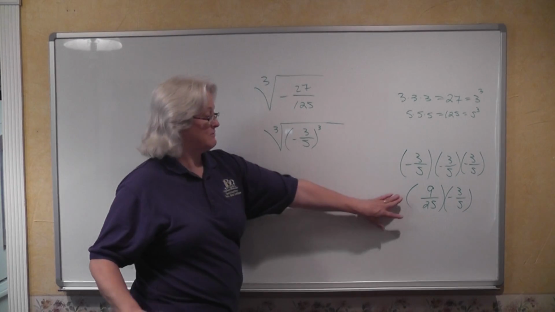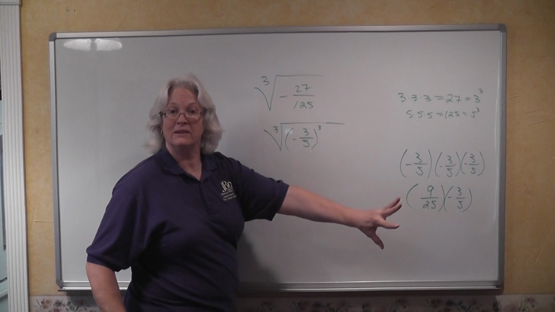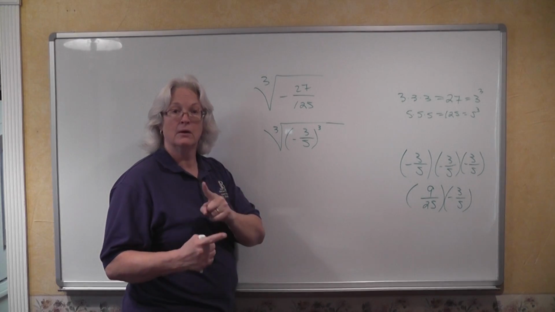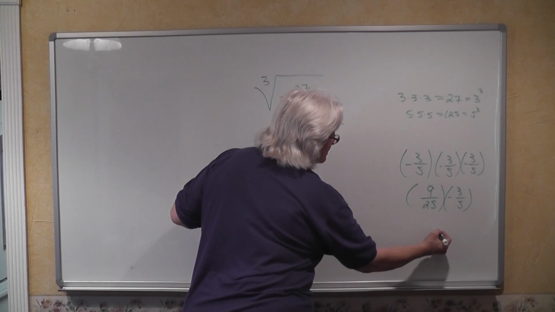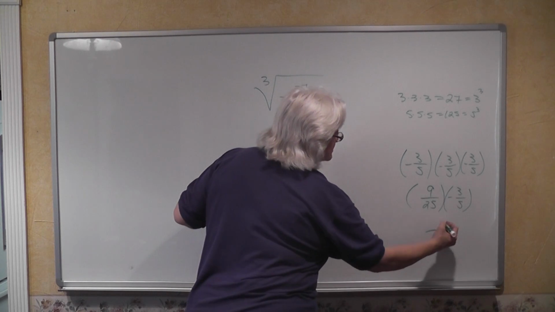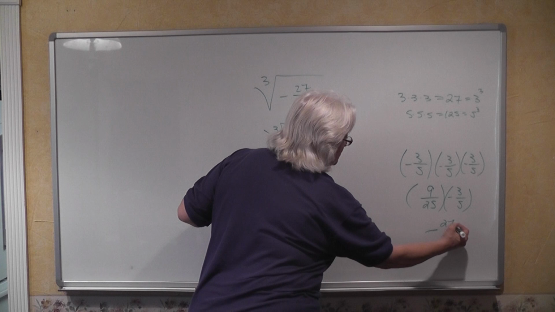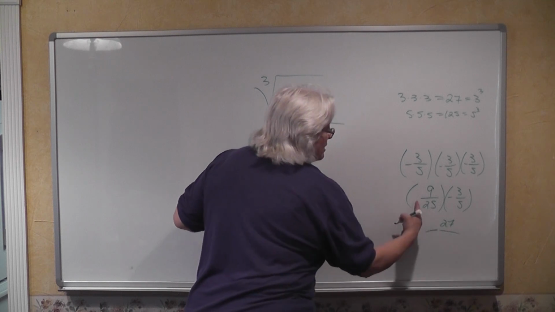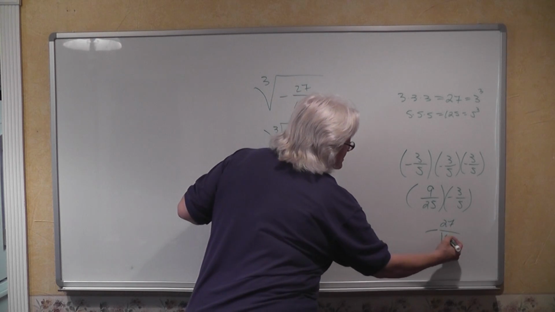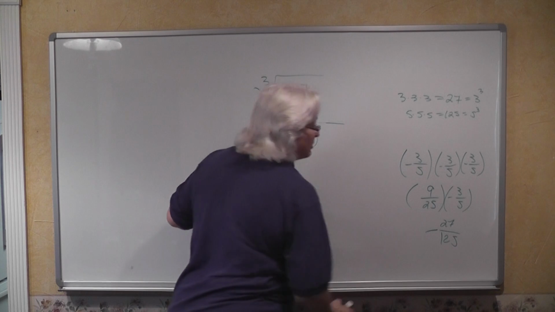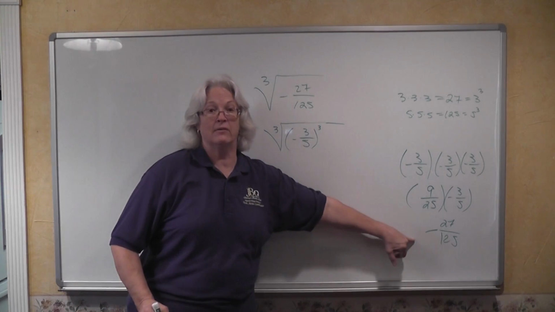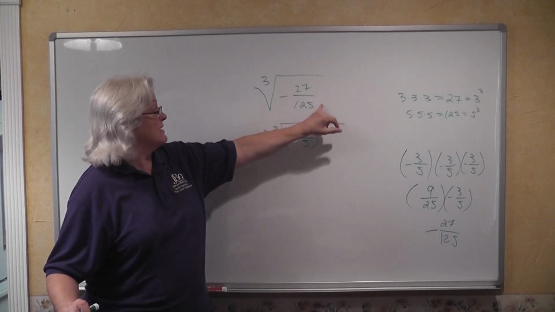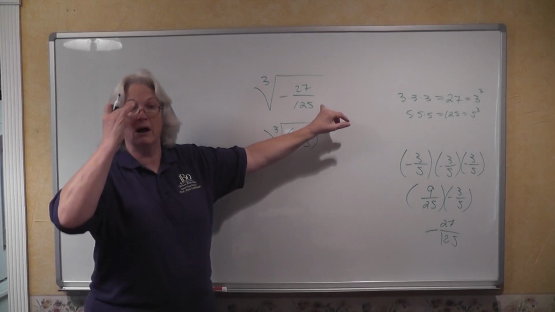We have a positive factor. We have a negative factor. When you multiply a positive and negative together, you always get a negative result. 9 times 3 is 27 because we multiply numerators. 25 times 5 is 125 because you multiply denominators. And you see that we have negative 27 over 125.